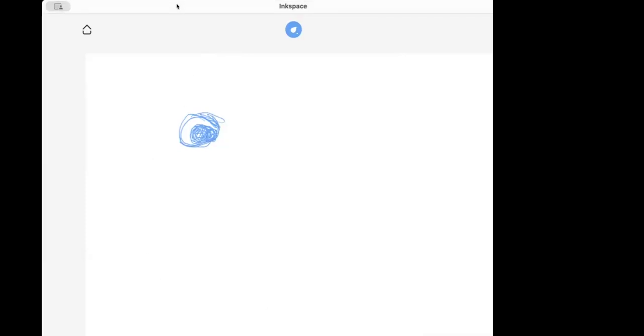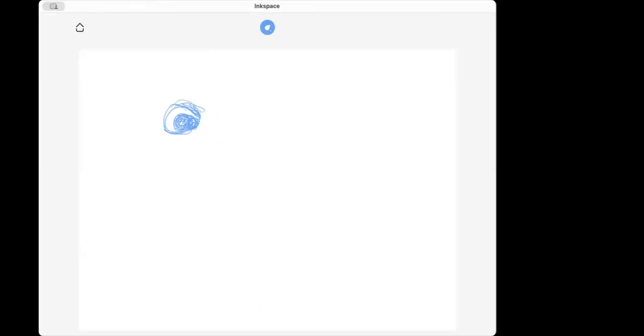So you can now see that this is what the object sort of kind of looks like now.